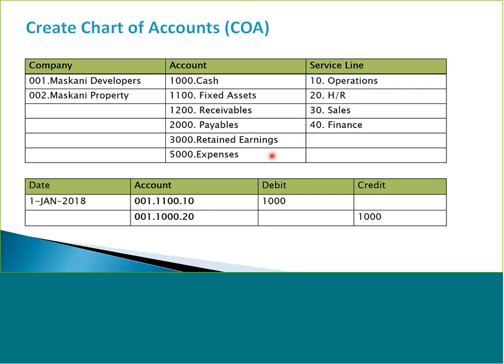How did it acquire these assets? It paid cash. How do we know? 001 1000, which is the cash natural account, and it was paid through the HR service line. Now these other segments can be different, but as you see, the company segment, which is the balancing segment, has to be the same.